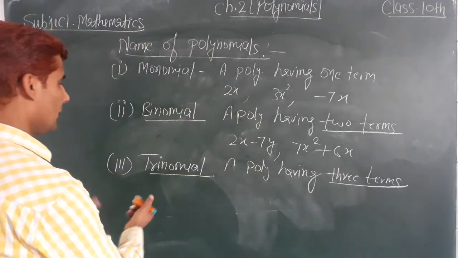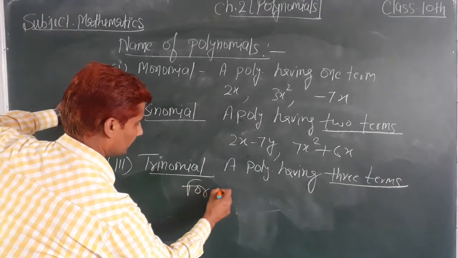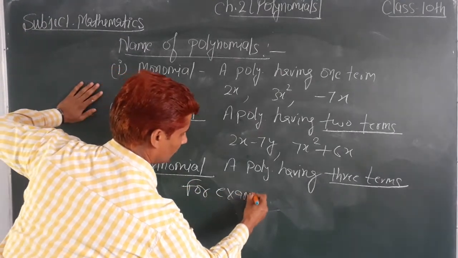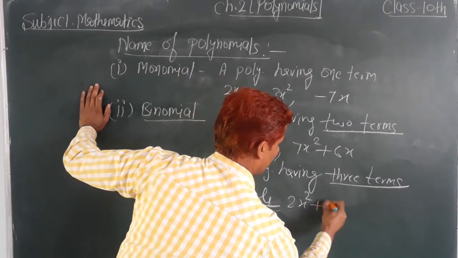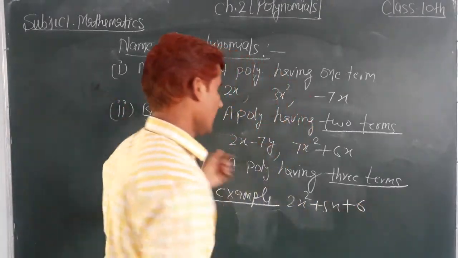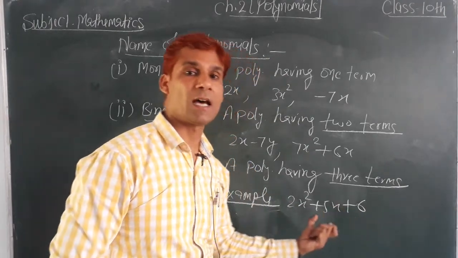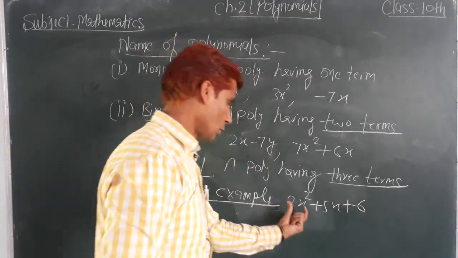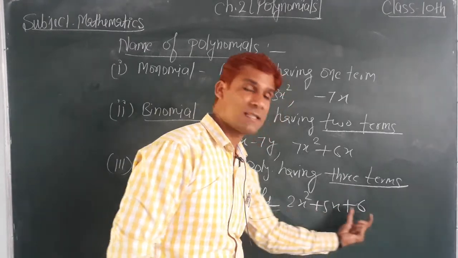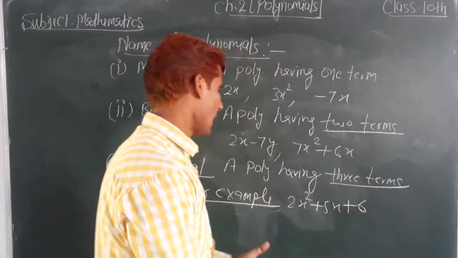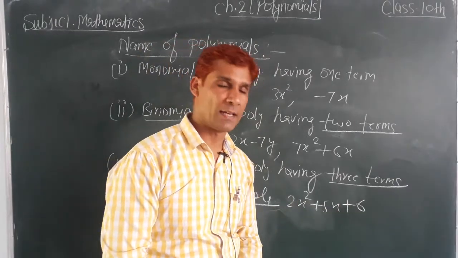For example 2x square minus 5x plus 6. In this polynomial there are 3 terms. One is 2x square, second is 5x, third one is 6. So this is an example of a trinomial, and there are so many examples which you can give.